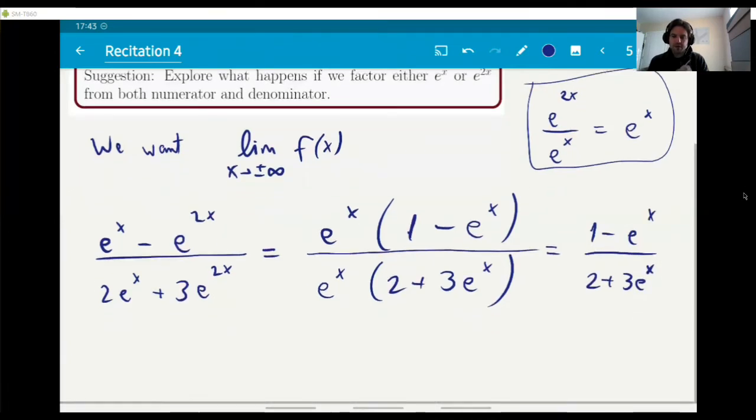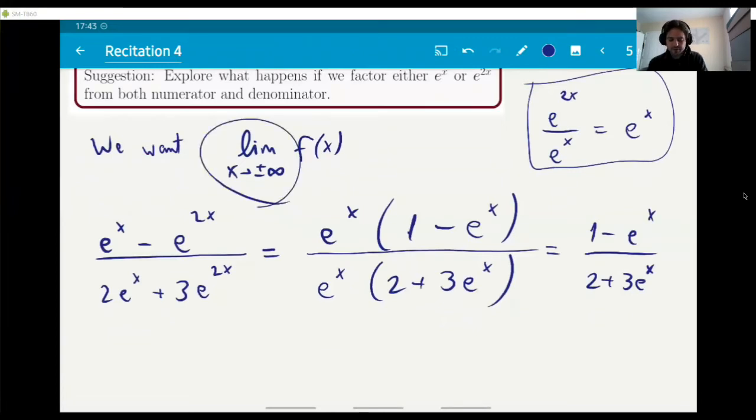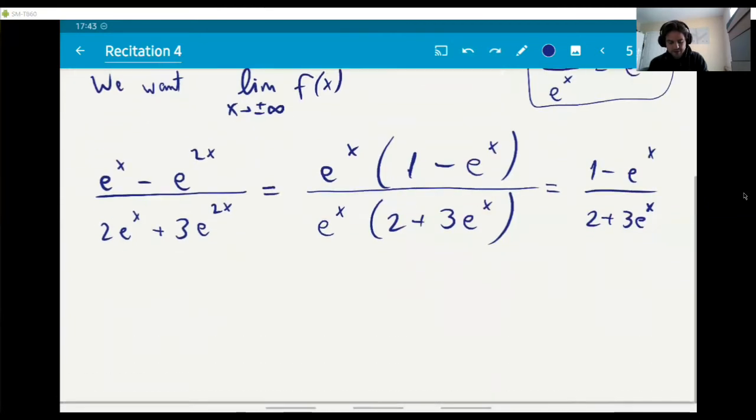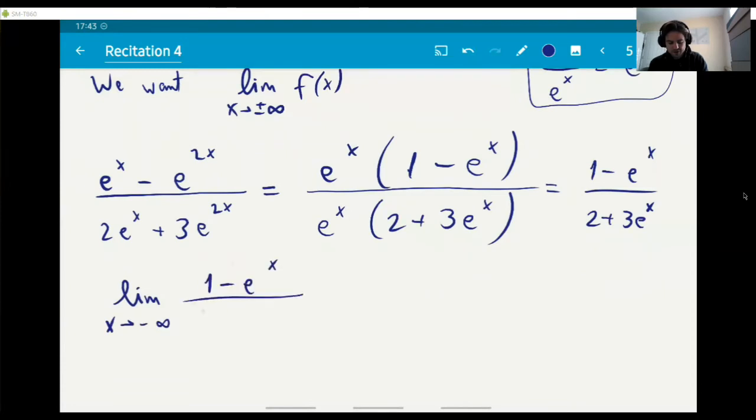What's happening is that now this form of it is going to be useful to compute one of these limits. Try to figure out which one it is. In this form, we can immediately find the limit as x goes to minus infinity, because e to the x is going to 0 as x goes to minus infinity.